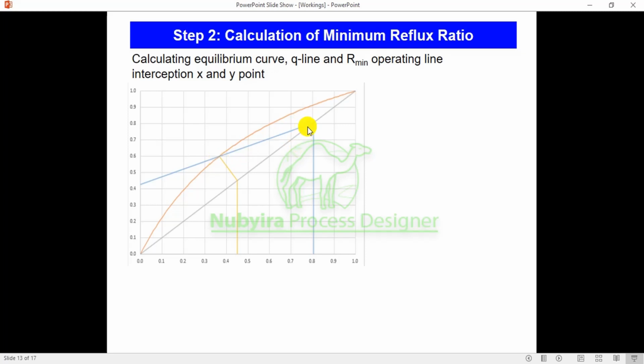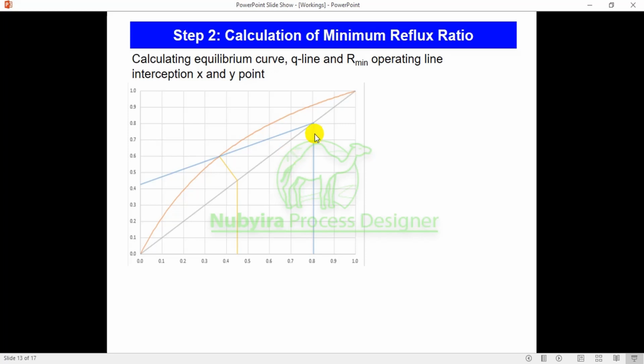That gives the minimum reflux ratio, because as you increase the reflux ratio of the column, the slope of this line increases, so you expect the stages to have more separation. If you reduce the reflux ratio, the slope reduces, until the line overlaps the equilibrium curve. So to get the minimum, you have to draw the line from this Q line intersection.